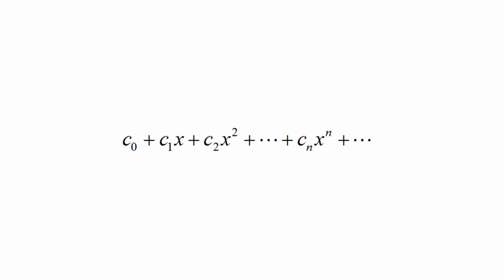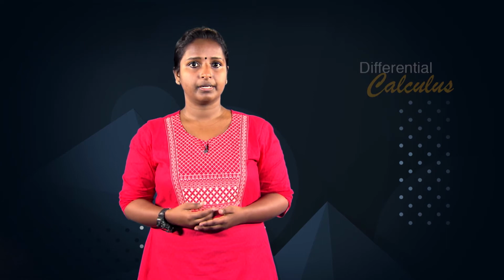But for a power series in x, it will always converge at least for some particular value of x, namely x equal to 0. In this session, we will show that the set of points at which a given power series converges is always an interval. It may be too short to contain only one point, or it may be too large to contain all real numbers. We proceed with the precise definition of a power series.